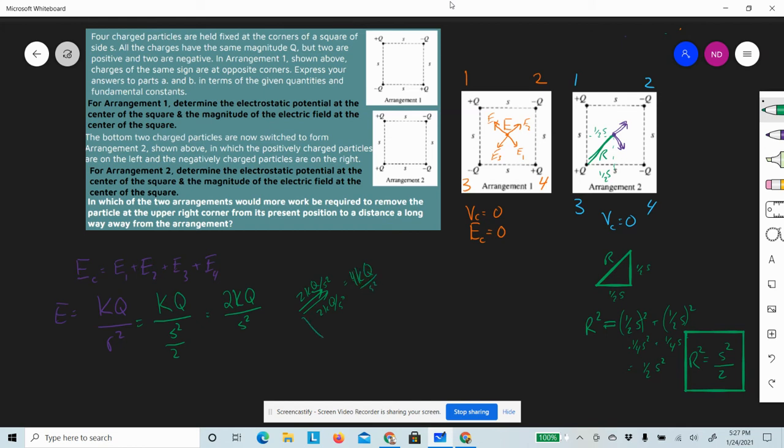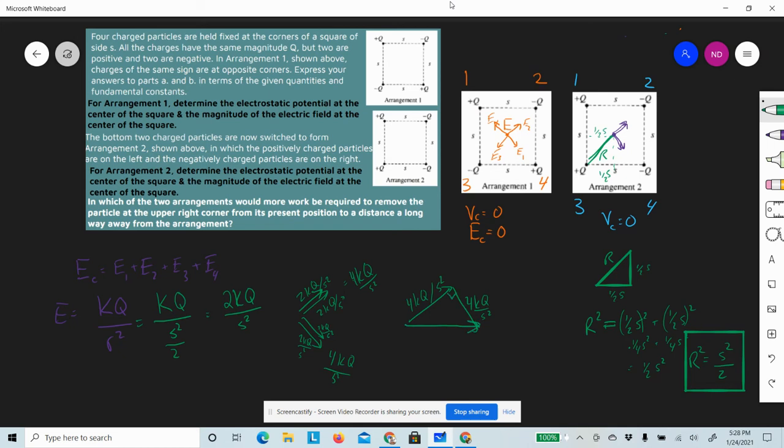And down this way, from out from 1 and into 4, it'll be the same thing: 2KQ over S squared and 2KQ over S squared, or essentially 4KQ over S squared. Add these things vectorially, 4KQ over S squared plus 4KQ over S squared, to find their resultant.